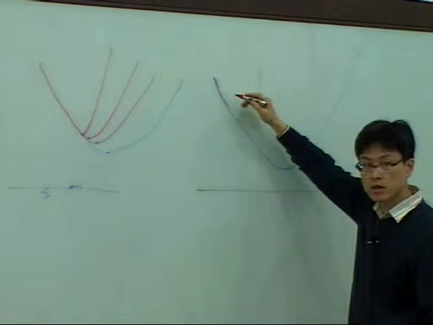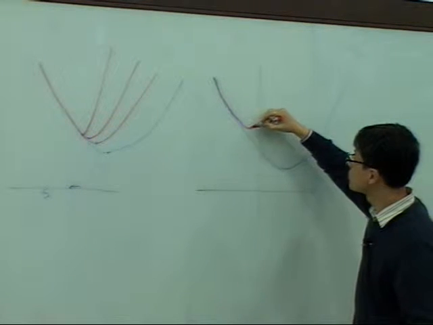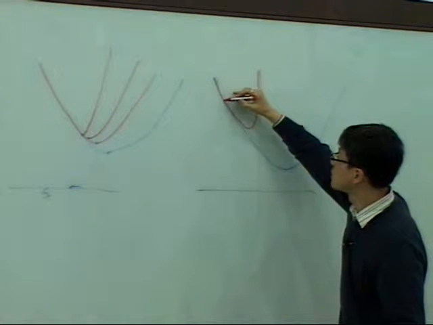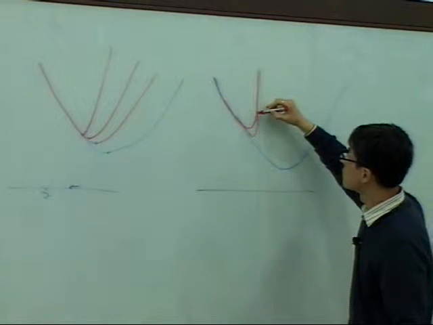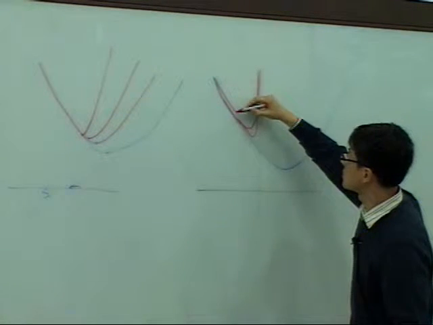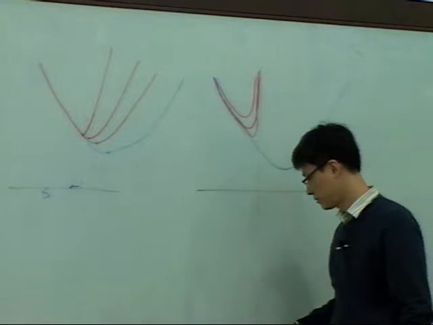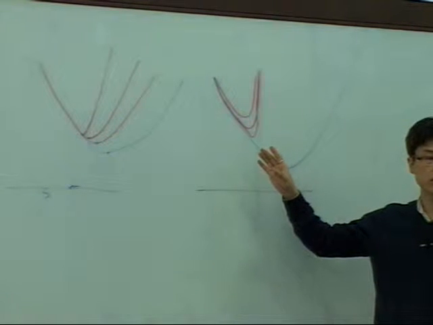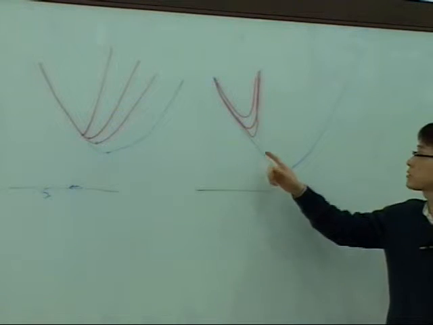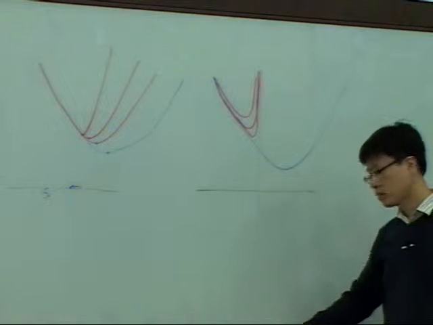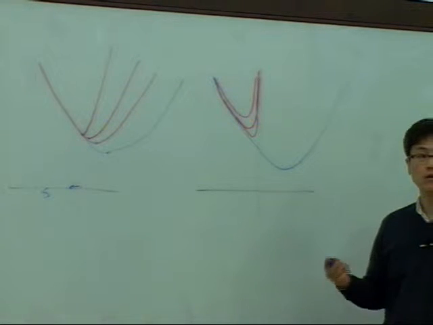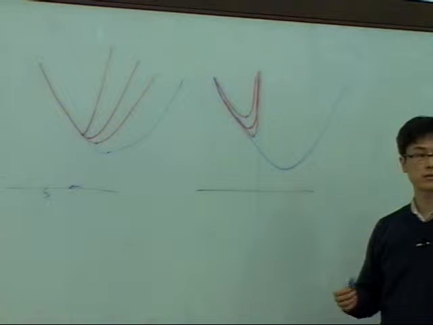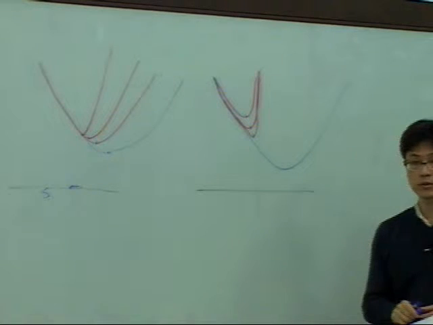Not exactly the same here, but very close to like this, or something like this. Then, if we succeed in changing our objective function to this red one, the minimum value of the unconstrained optimization will be somewhere like this, which is very close to our constrained optimization problem.